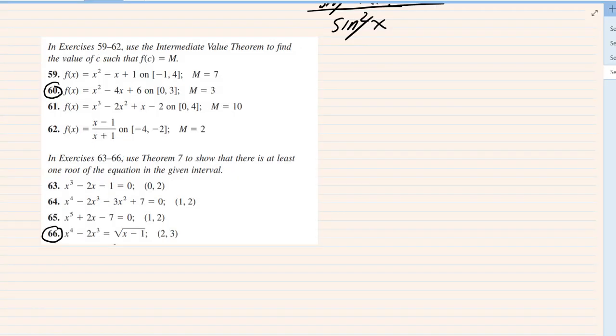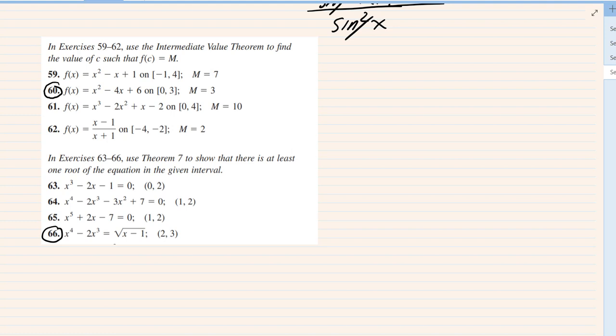Okay, so let's take a look at numbers 60 and 66. In exercise number 60, again, the question reads, use the intermediate value theorem to find the value of c such that f at c is equal to m. Okay, so in number 60, the interval goes from 0 to 3 and m is 3.